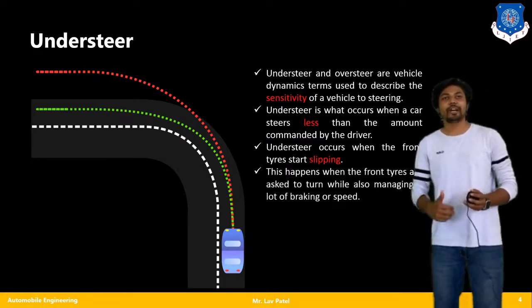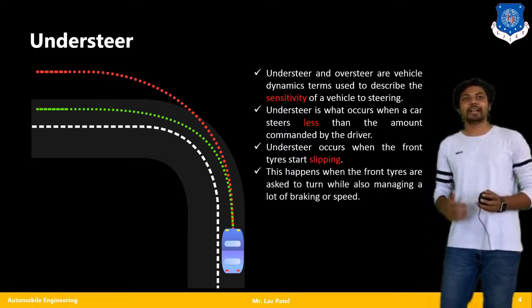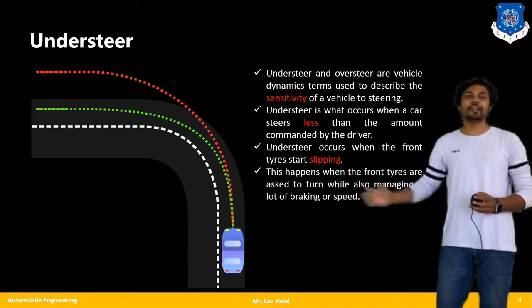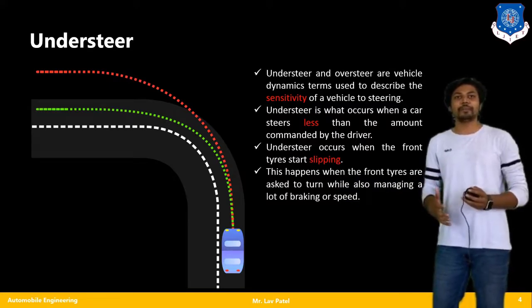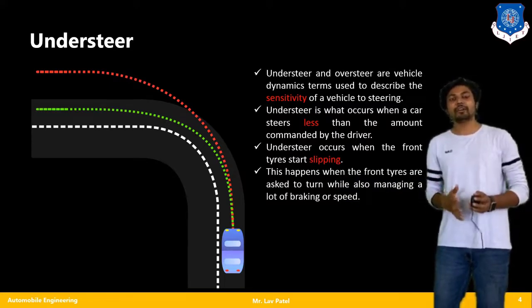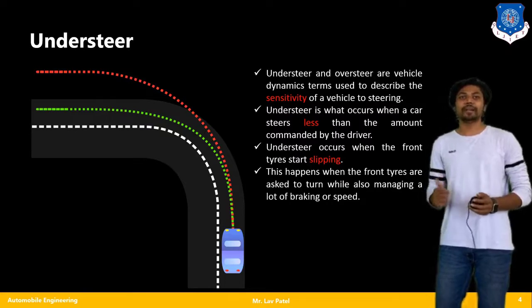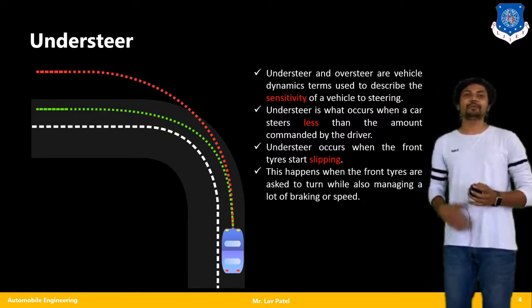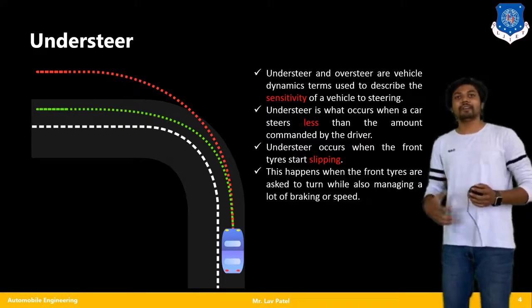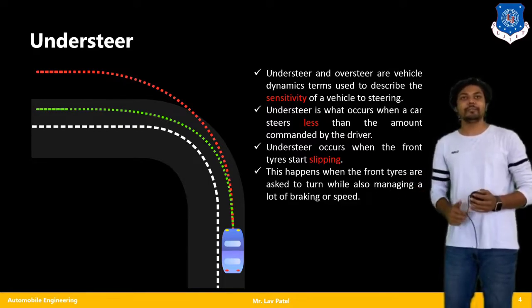If I drive my vehicle very fast at that maneuver or cornering area, my vehicle is not going to turn due to the slippage of my front tire. If my front tire slips at that speed, I will not control the steering mechanism.